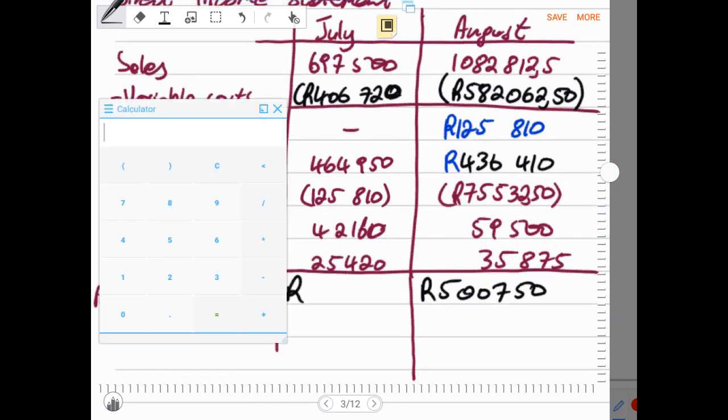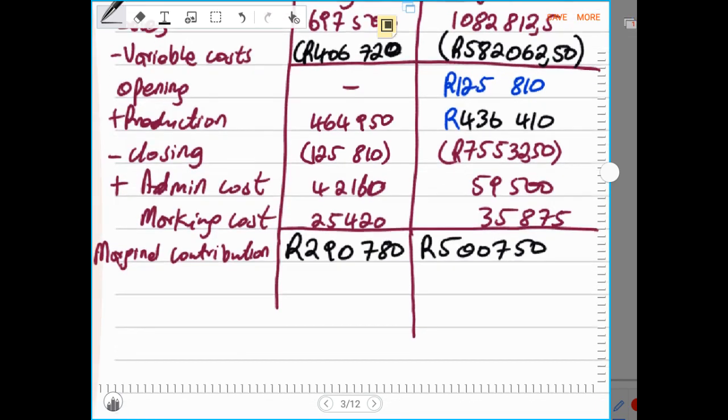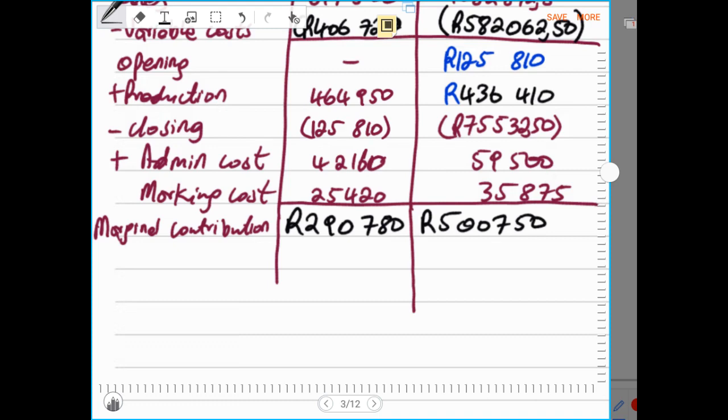And here it will be 697,500 minus 406,720, and this will give us 290,780. So now this will be our marginal contribution.